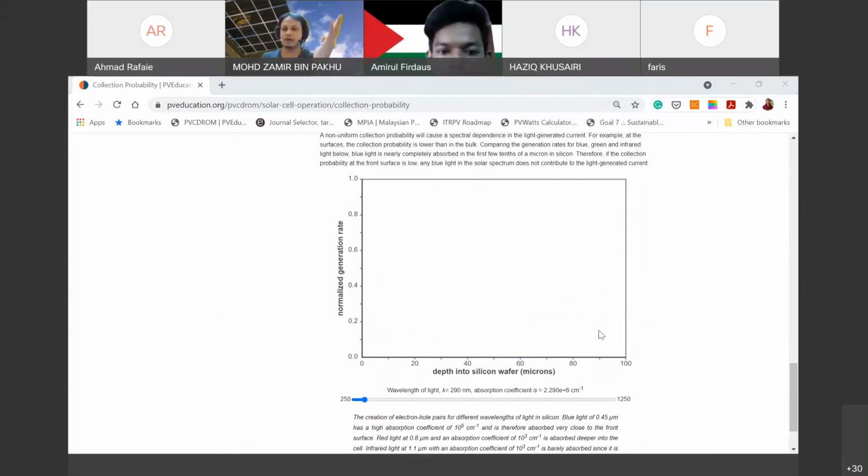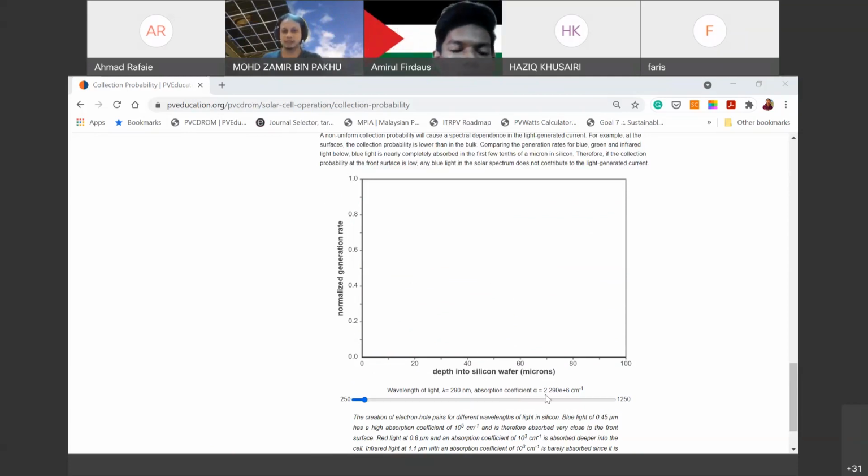So short wavelength will be absorbed on the front side, middle wavelength in the middle, and long wavelength at the back. So you need a very thick volume of material in order to absorb the long wavelength. You can also see this effect here.